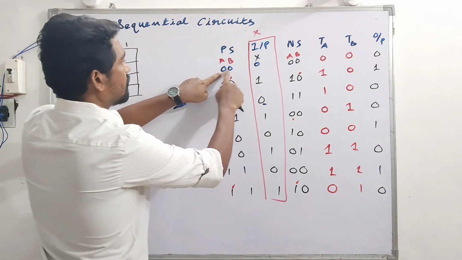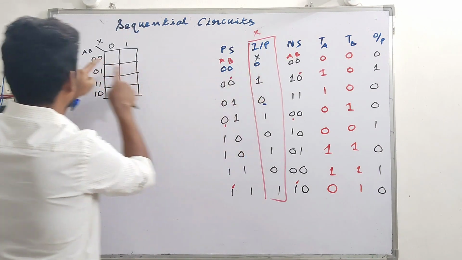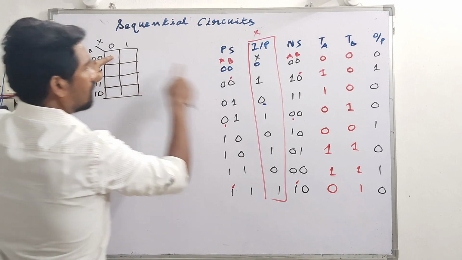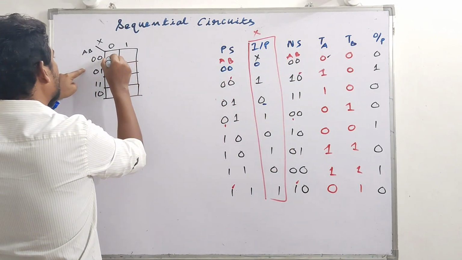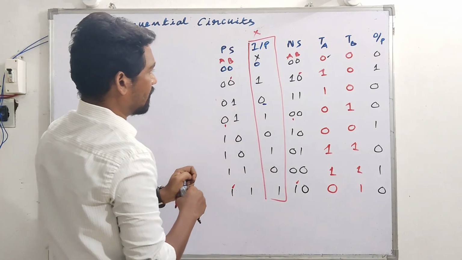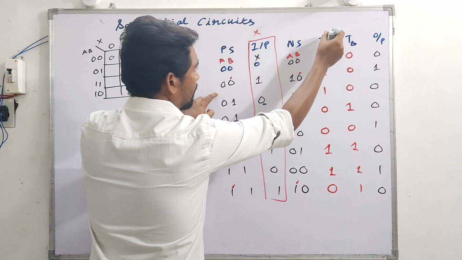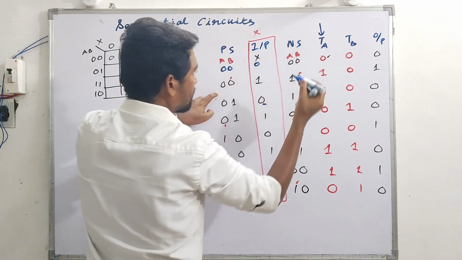For 0 0 0, the input is 0, so it's a 0 here. So let's go for 1 straight away. We're talking about the first flip-flop TA.